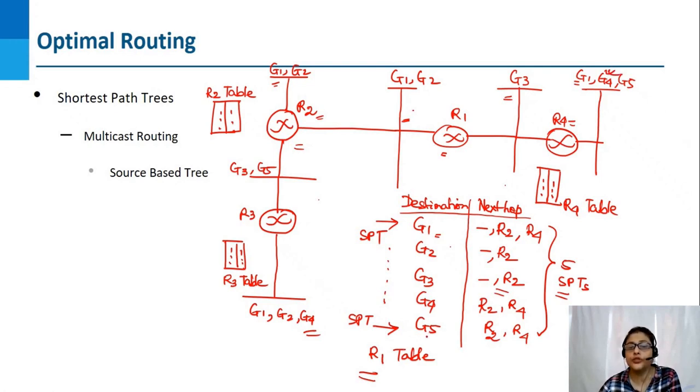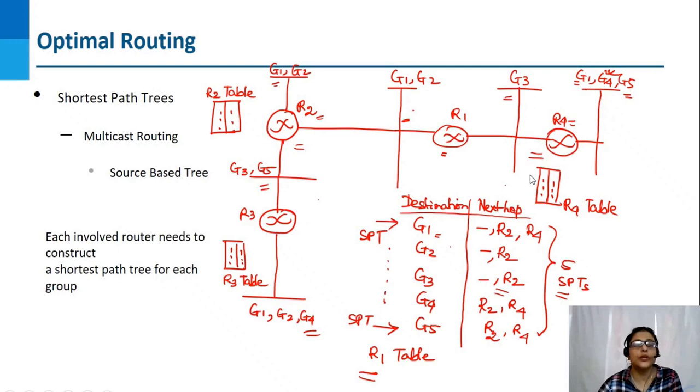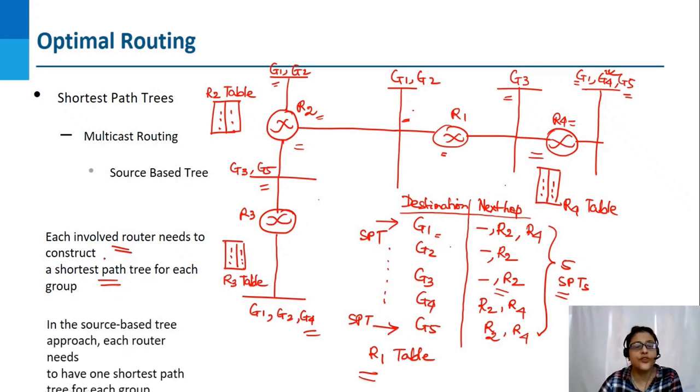If you want to go to G5 from R1, you can either go via R2 because G5 is here, or you can directly go to G5 via R4. So each router involved here needs to construct a shortest path tree for the group. Now, for the source-based tree approach, each router needs to have one shortest path tree for each of these groups.